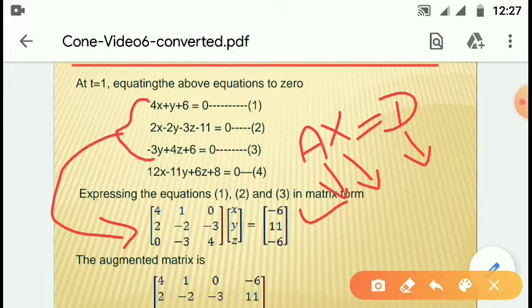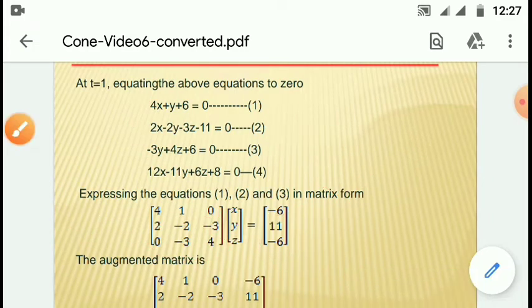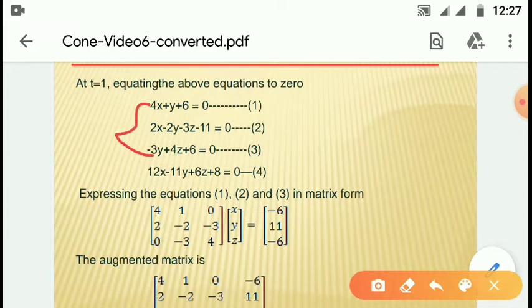Therefore you can write 4, 1, 0 here and minus 6 here. Similarly from the other equations we can write the coefficients and the constants, so that these three equations are converted into matrix form like this.